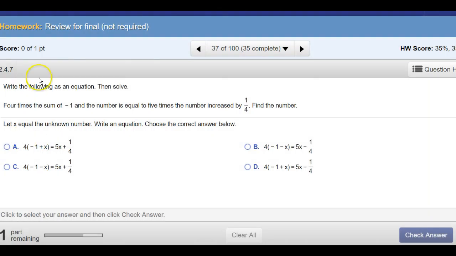Okay, write the following as an equation, then solve. All right, so again, we'll see what I would do as I read it.